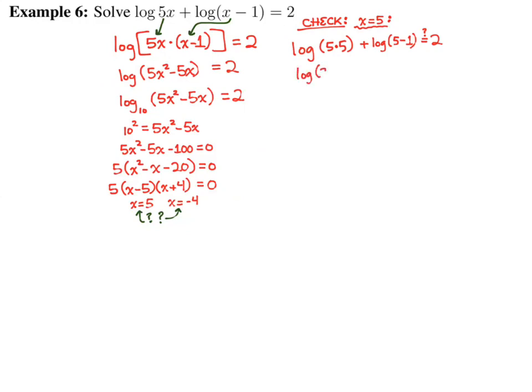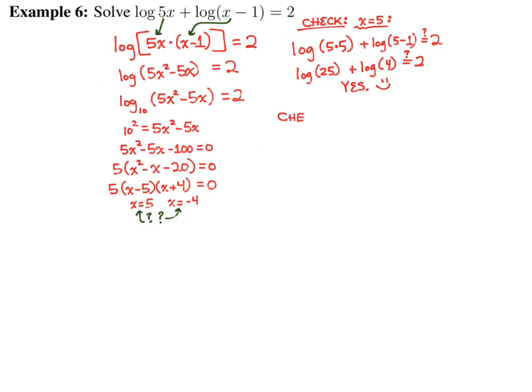Well, 5 times 5 is 25. This is almost insulting. I'm sorry. 5 minus 1 is 4. You certainly knew that. And I would, at this point, once you have it just at number stage, I would just put it in a calculator. There's no point in being extra grand about it. But it does work out, and it's 2, and you're like, yay, 5, yay, 5.